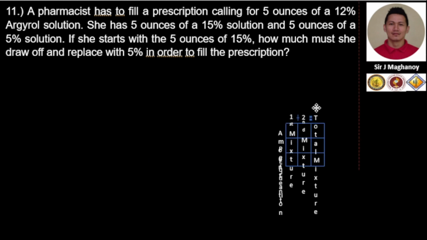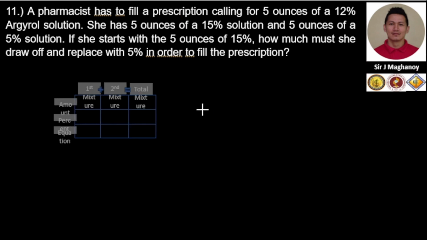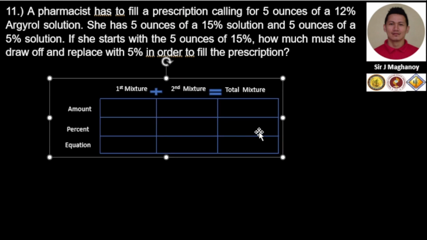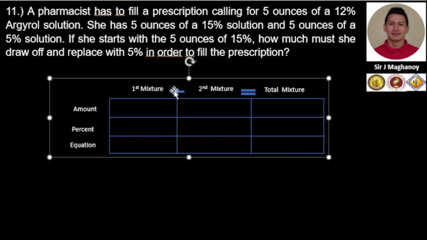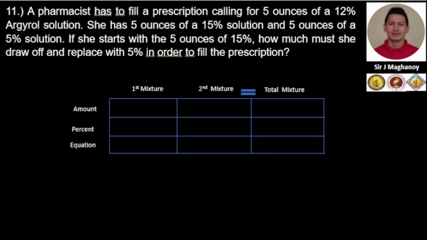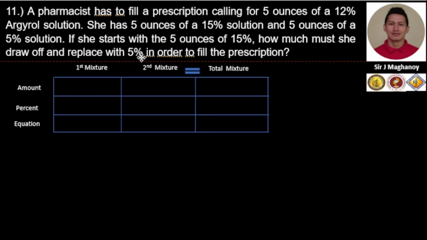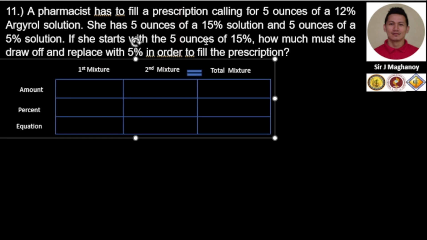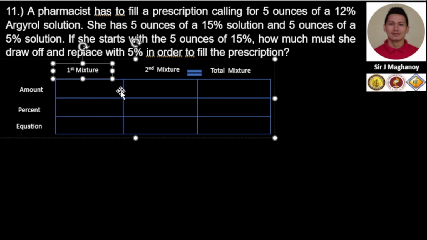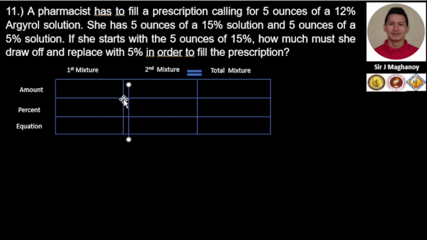So let's get our mixture table, but here we somehow modify our table since we draw off and replace. The first mixture is our original mixture.